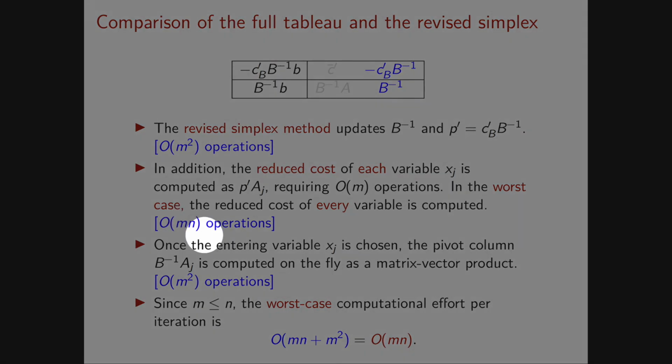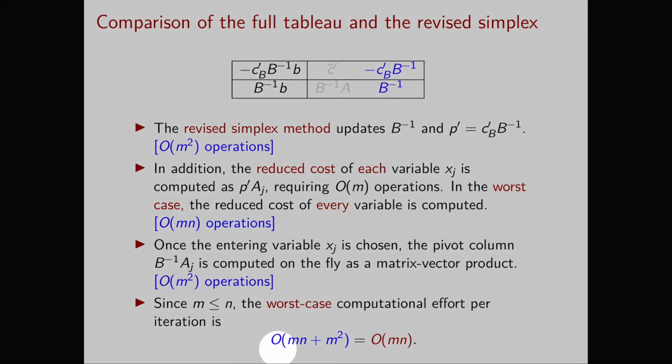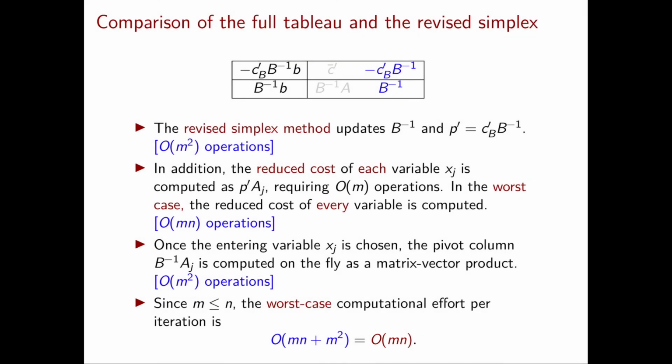Then, once we have understood which variable x_j should enter the basis, we compute the pivot column B inverse A_j. This is the product of an m by m matrix and an m vector, so it requires big O of m square operations. Therefore, the worst case computational effort per iteration is big O of mn plus m square. Using the fact that m is less than or equal to n, we obtain big O of mn.